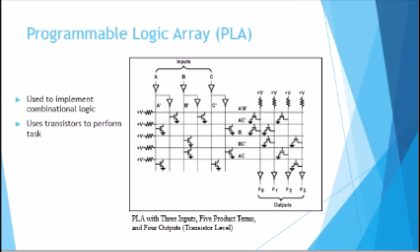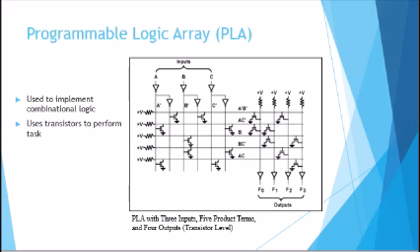Programmable logic devices are tools used to implement combinational logic. Finite state machines use programmable logic arrays, which are programmable logic devices used to implement combinational logic circuits. PLAs perform similar basic tasks as a read-only memory, which is a ROM.